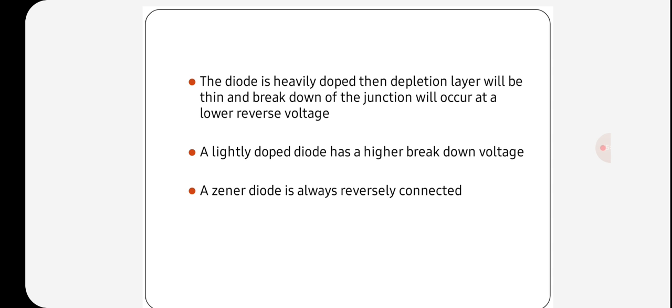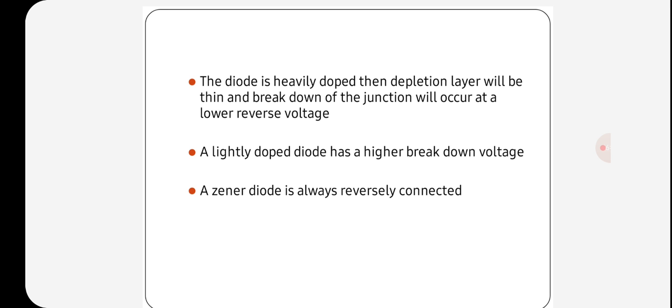Percentage of line regulation can be calculated by delta V naught by delta V in into 100, where V output is the output voltage and V in is the input voltage, and delta V naught is the change in output voltage for a particular change in input voltage delta V in.